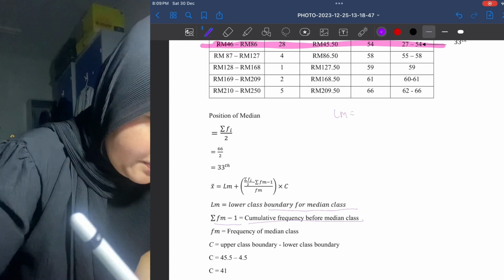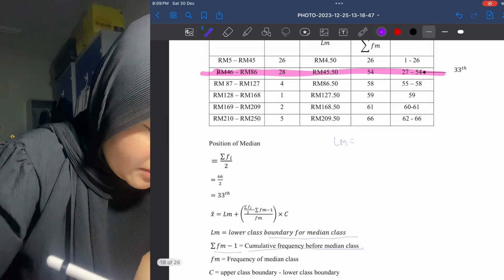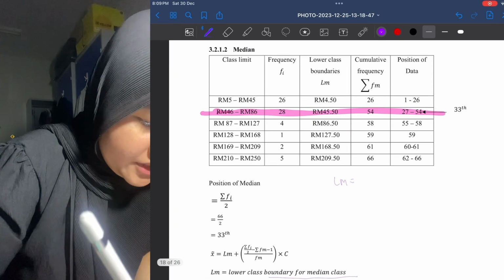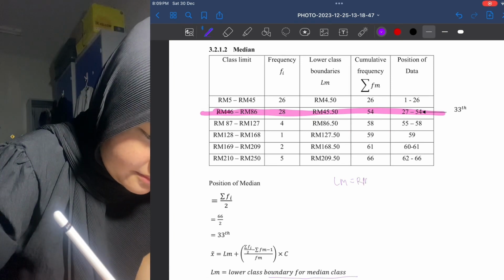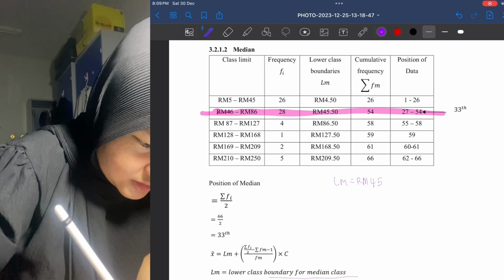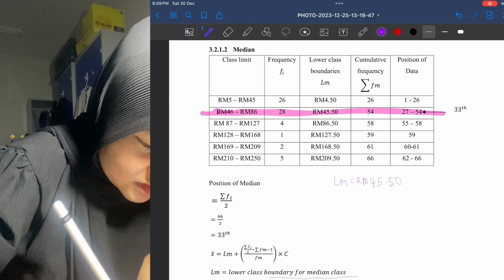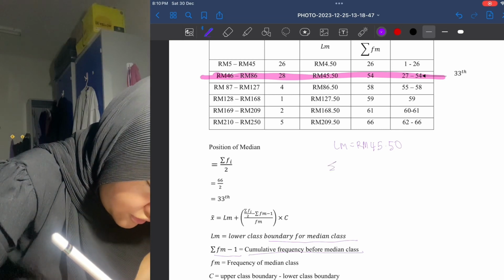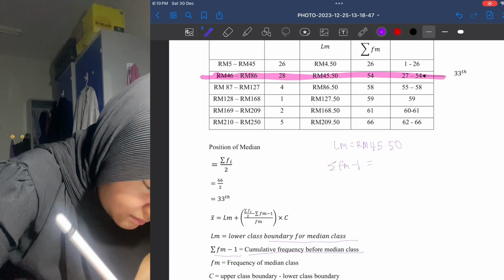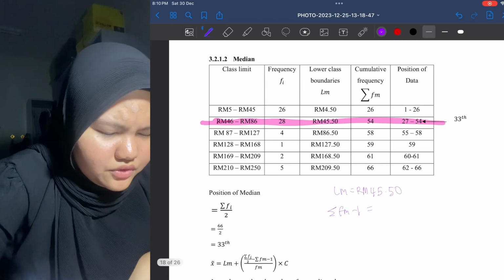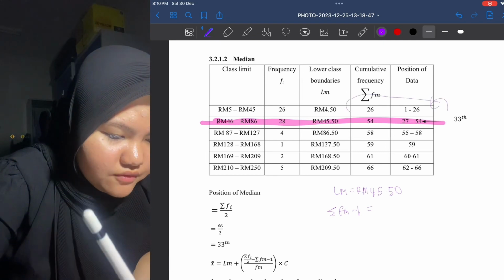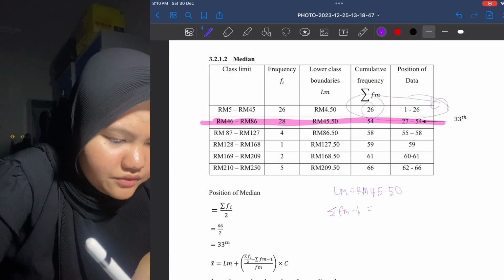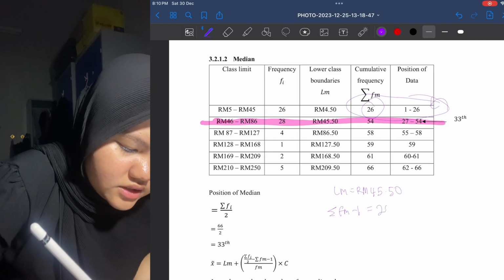LM is the lower class boundary for the median class, which is RM45.50. Next is the total cumulative frequency before the median class, which is 26.